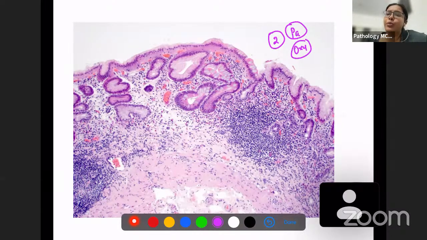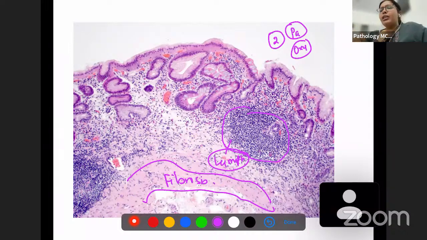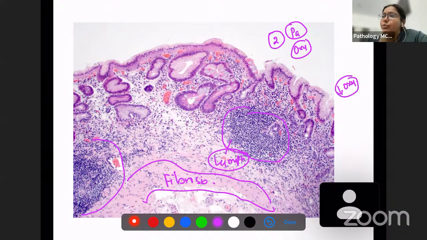Because of this autoimmune destruction, you can see here there are lots of lymphocytes, and here there is some pinkish deposition, which is nothing but fibrosis. Can you see any cells here, parietal cells, chief cells? So the body lacks parietal cells and chief cells, so there are fewer oxyntic cells. While destroying parietal cells, hand in hand, it is going to destroy oxyntic cells also. So there is reduced HCl production.